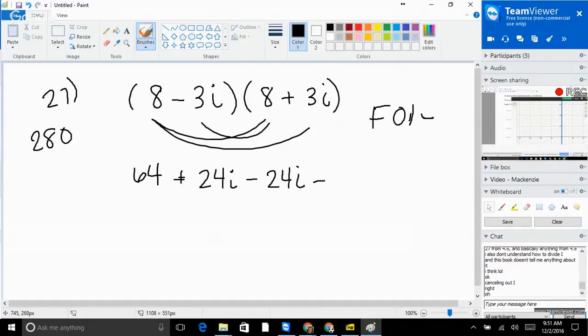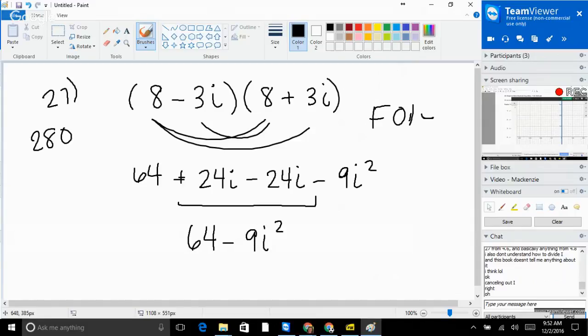So you're going to get negative 9i squared. Again, you're treating i like a variable, like an x or a y. So when we have positive 24i and negative 24i, they cancel each other out, right? It's just like adding 24x minus 24x. So we're left over with 64 minus 9i squared.